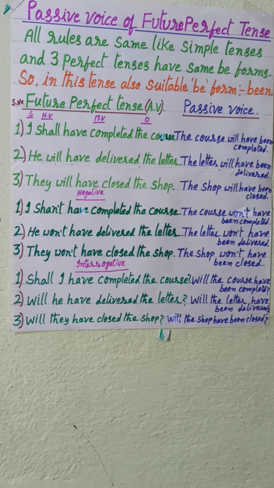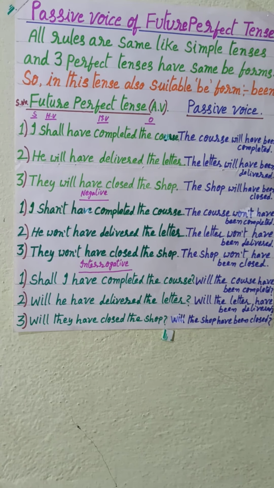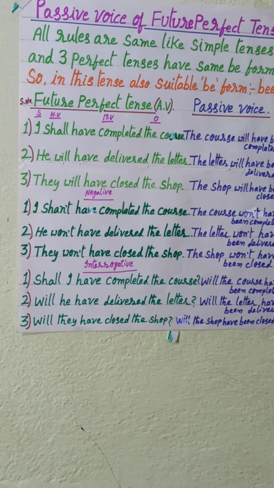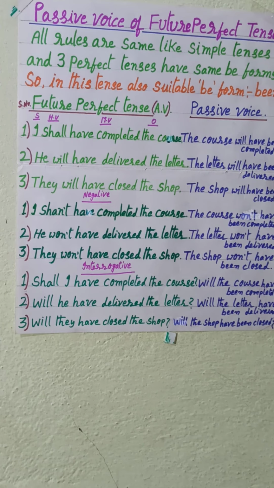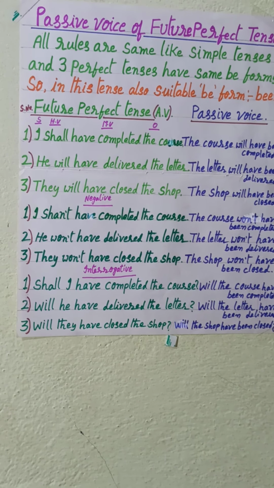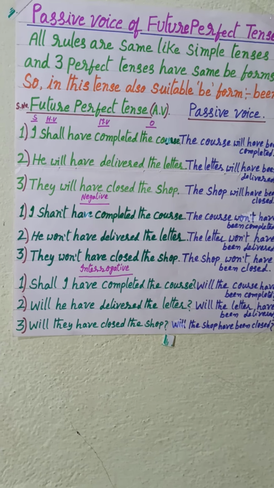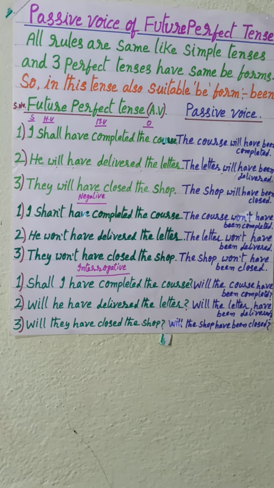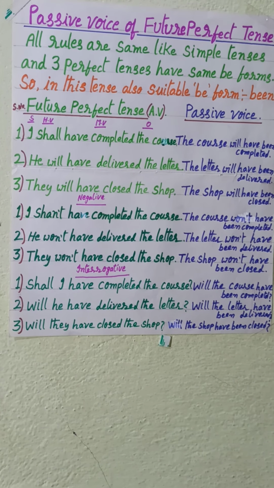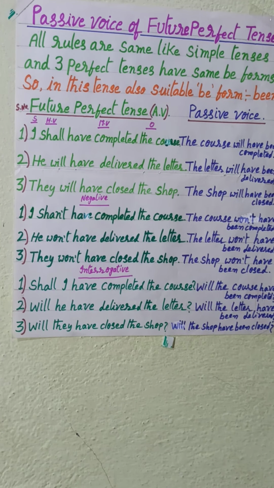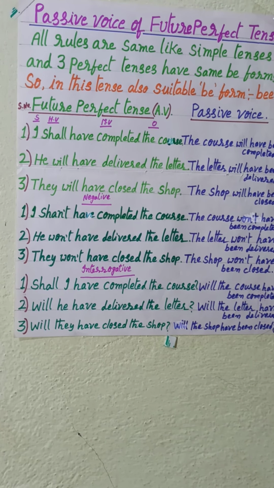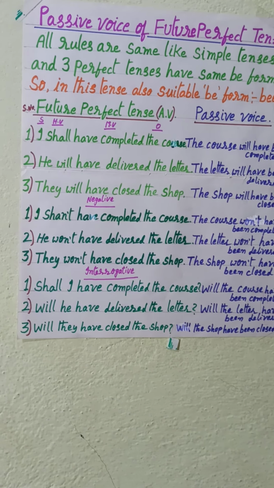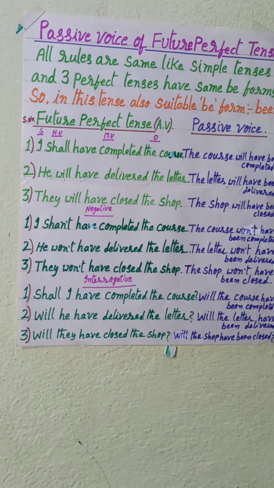Future perfect tense, that is active voice. For example, serial number 1: I shall have completed the course. Here, I is the subject, it is the doer.